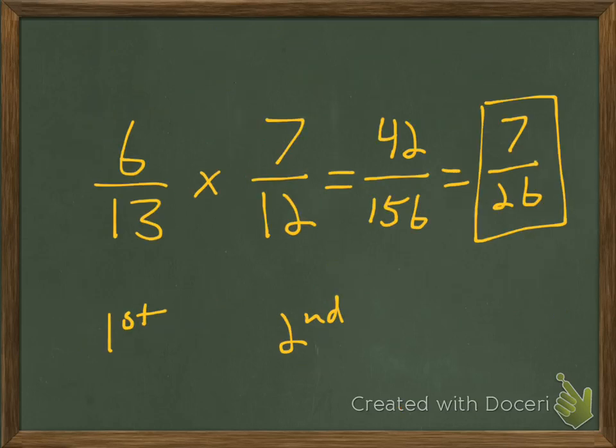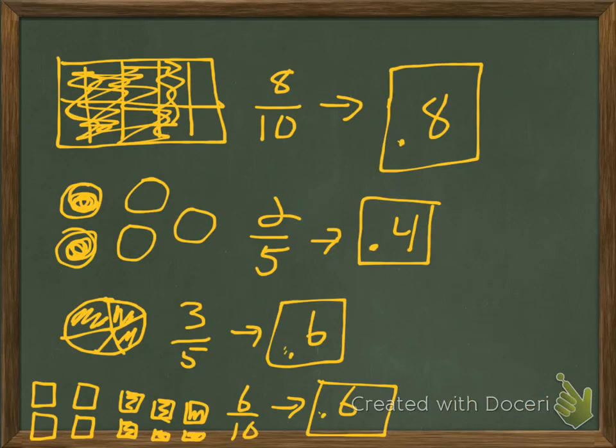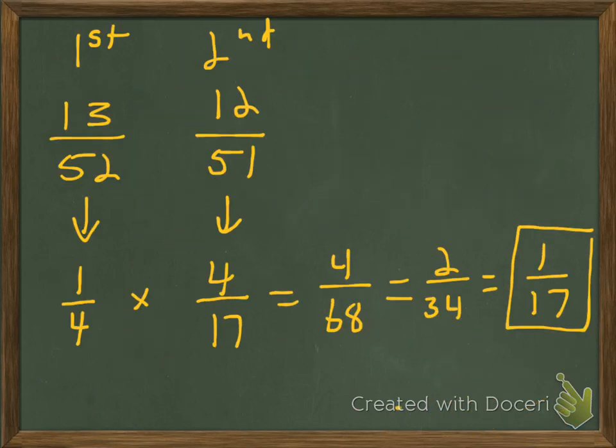Alright, 0.6. Well, let's take a look at this. Let's go back a little ways. I've got two problems here that demonstrate 0.6 from earlier in the test. Y'all remember those? Those are two models that you could actually use. Of course, if you don't like them, you can do whatever you want to.